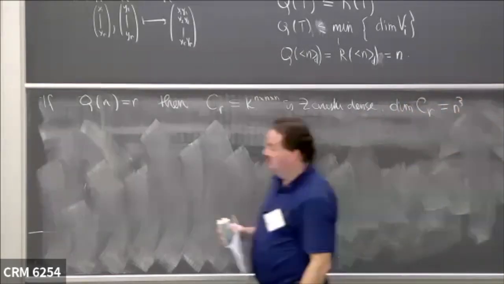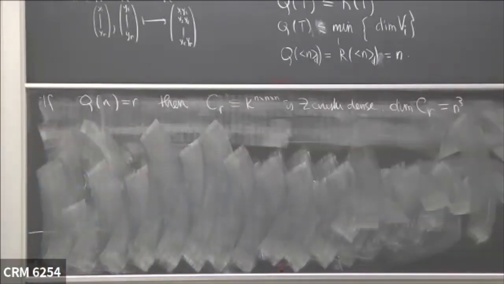So now we basically just have to understand dimensions here, and the question is for which R the dimension of C_R is going to be equal to n cubed.